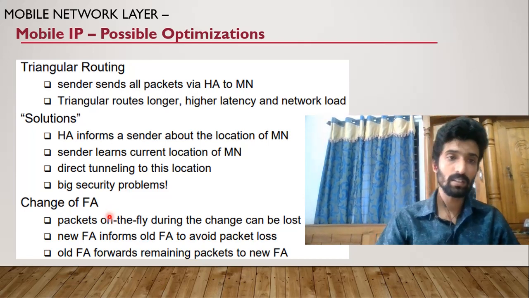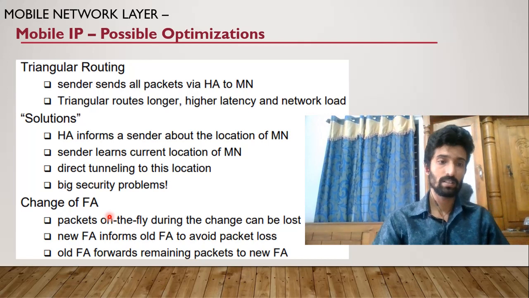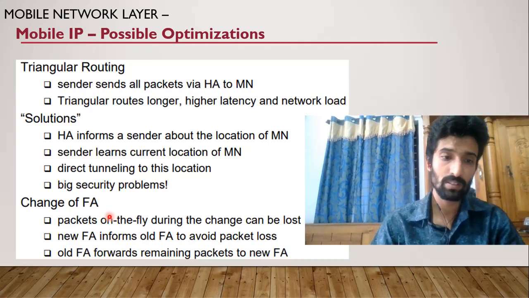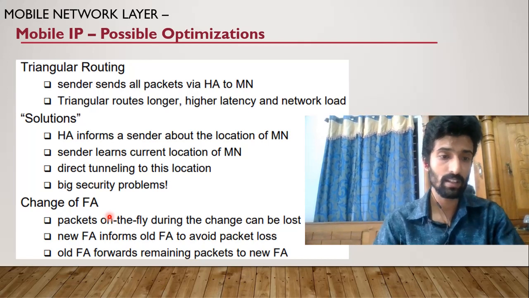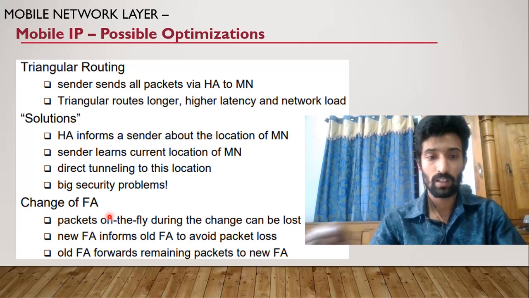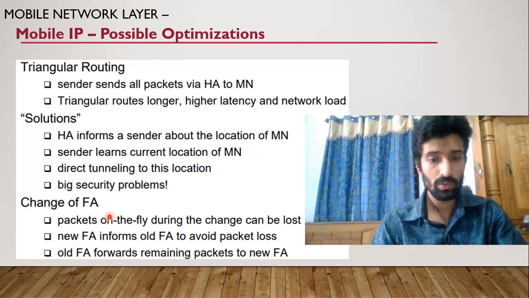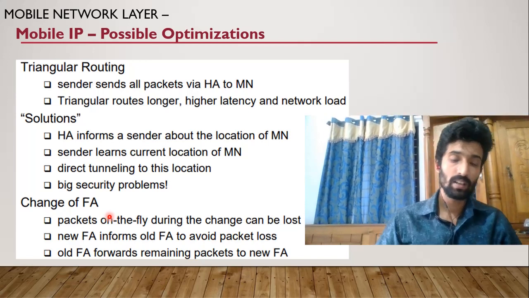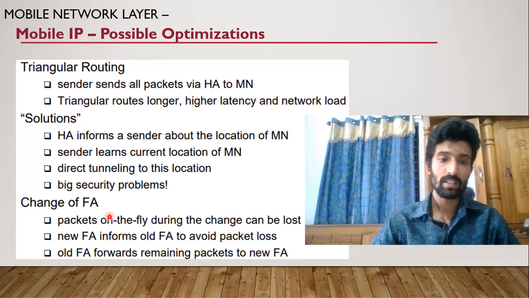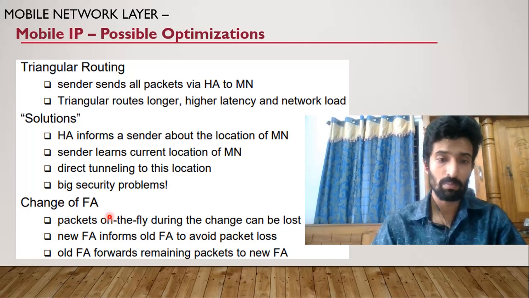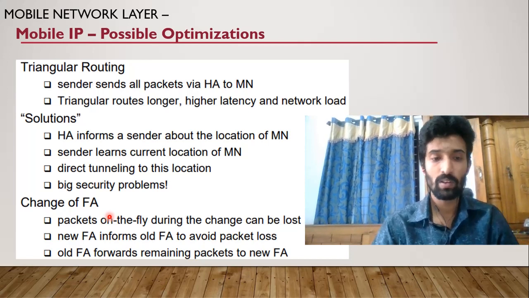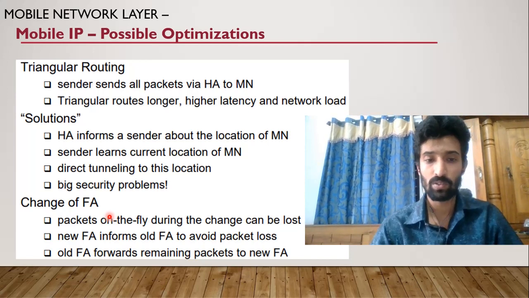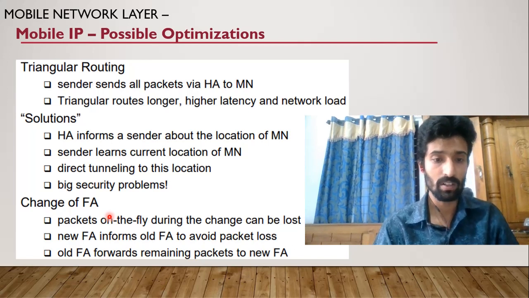The second drawback is when a mobile node is moving from one foreign network to another, from the old foreign agent to the new foreign agent. At that time, any packet already on the network which is trying to reach the MN will come to the old FA. Since the mobile node has already moved from the old FA to the new FA, the packet will be lost at the old FA.